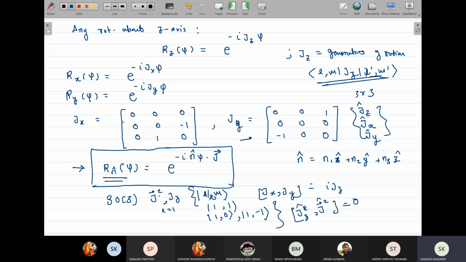Similarly, the rotation will have a 5 cross 5 representation on the quantum mechanical state space. Those state spaces will be L equal to 2. Then you can talk about the quantum mechanical representation of J for L equal to 3 by 2. Right? And so on.